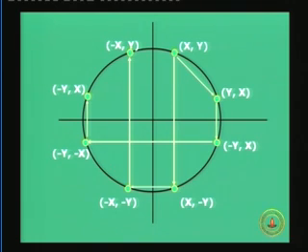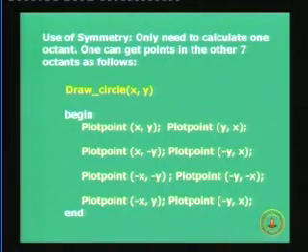That means all the other points in the 7 octants are obtained after you have obtained the point in the first octant only. x comma y is in the first octant, and all the 7 points are obtained. And I repeat again, this is code to obtain the points in the other 7 octants, not for the Bresenham. Bresenham's gives you x comma y.